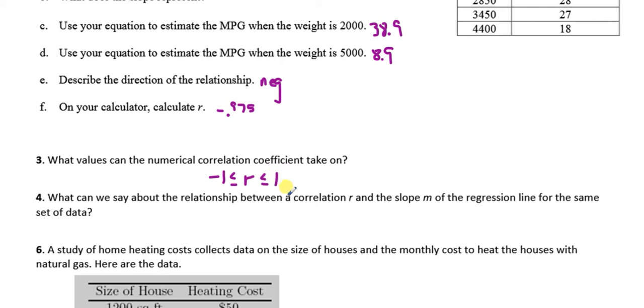You can't have an R value of 1.1 or 2 or 3, and you can't have an R value less than -1. The slope and the R value will have the same sign. So if R is negative, a negative correlation, the slope will be negative. In other words, the line will be going down. So same sign.